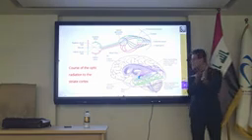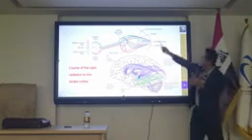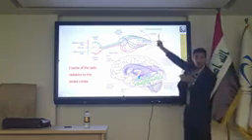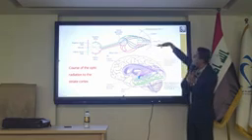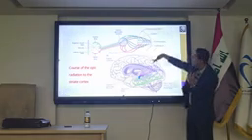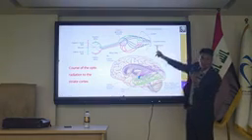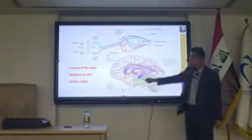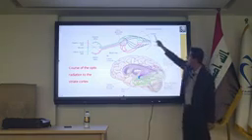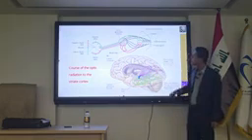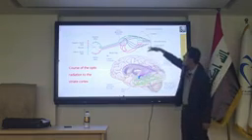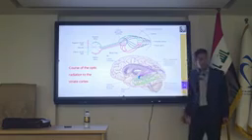So above the calcarine fissure, we have the cuneus. Below the calcarine sulcus, we have the lingual gyrus, right? So some of the fibers go to the cuneus, but some other fibers go to the lingual gyrus.